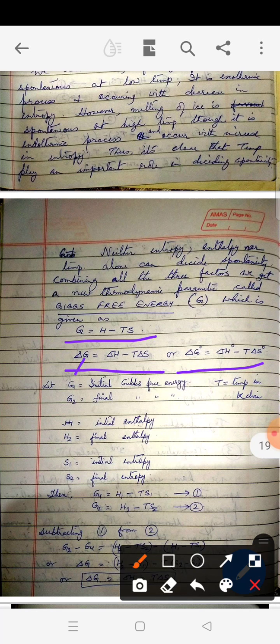Let G1 be the initial Gibbs free energy, G2 the final Gibbs free energy at temperature T. Let H1 be the initial enthalpy, H2 the final enthalpy, S1 the initial entropy, S2 the final entropy. Then applying this equation G equal to H minus TS for each step, initial and final, we may write G1 equal to H1 minus TS1 and G2 equal to H2 minus TS2.